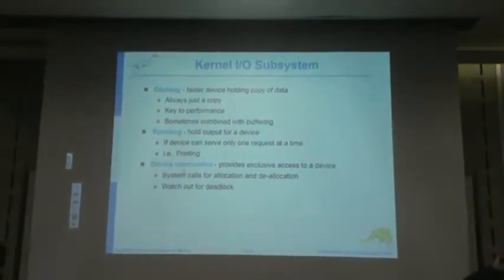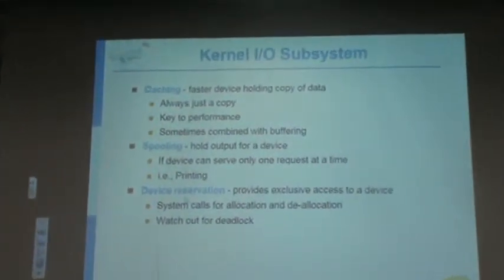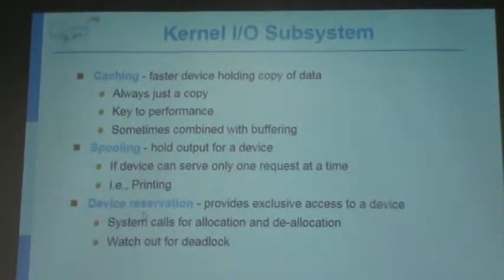Then if the current printing job is done, the next one goes. So that's the reason that when you send a printer job in Windows, you can see the spool. If you click, you can see it in the program tray. You can see the printer icon. That is a spool. Okay, it's on the hard disk drive.